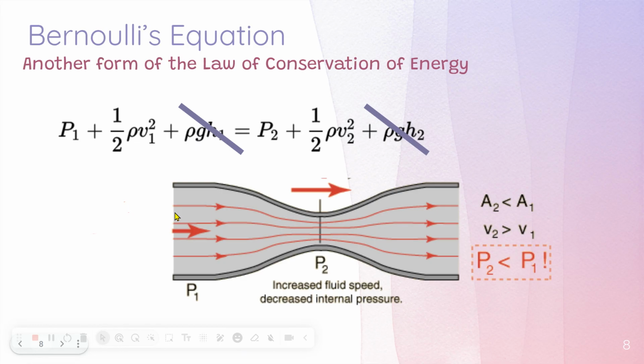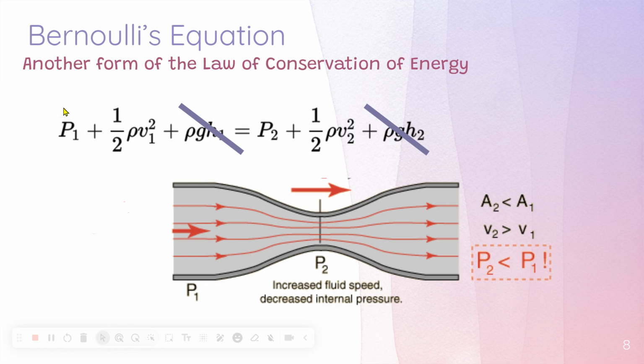Bernoulli's equation is actually this really long equation, and I crossed off some parts of it for this picture, but this equation's on the very bottom of your reference sheet. It is really long. All it is, is the fluid version of the law of conservation of energy.